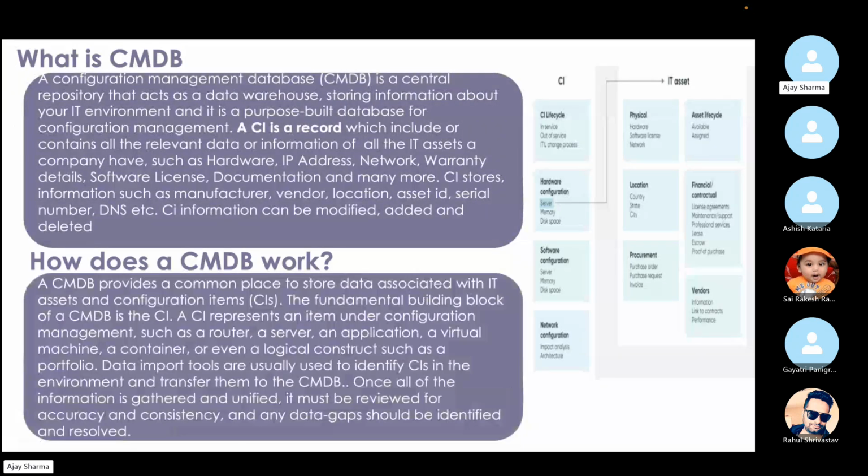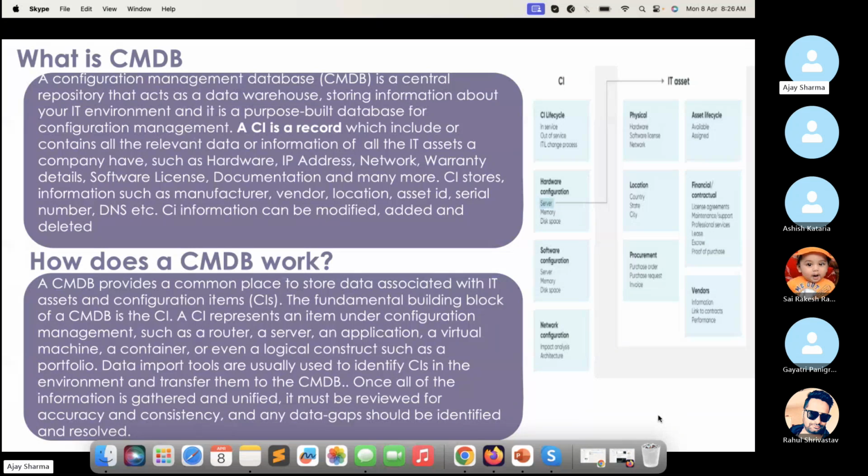Okay. So let's talk about CMDB basically. What is CMDB? A configuration management database is a central repository that acts as a data warehouse, storing information about your IT environment.